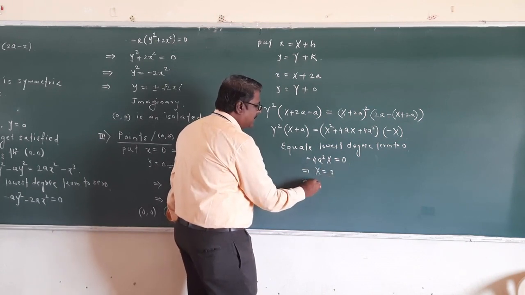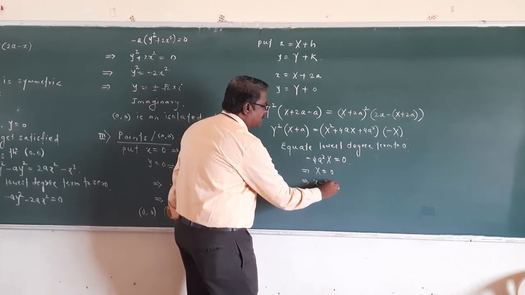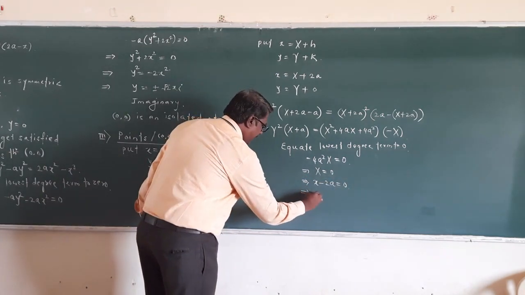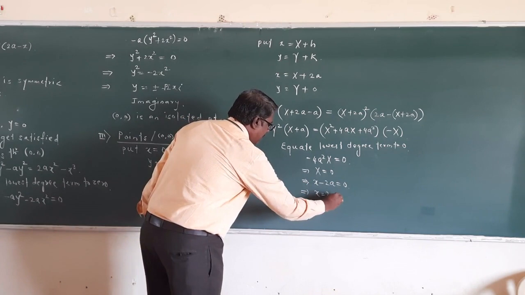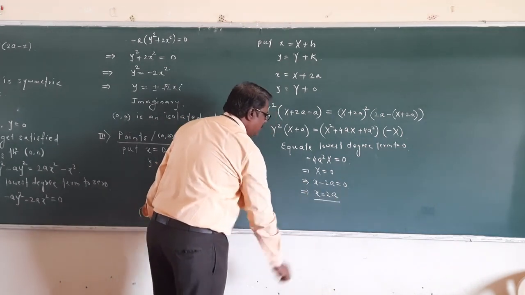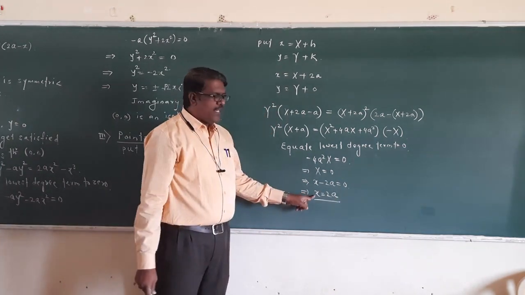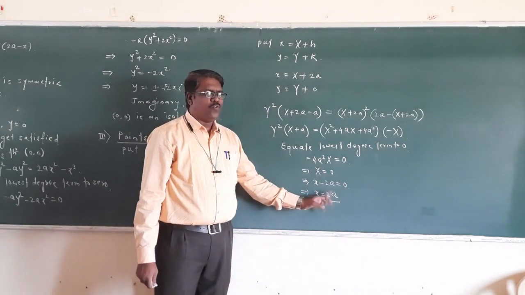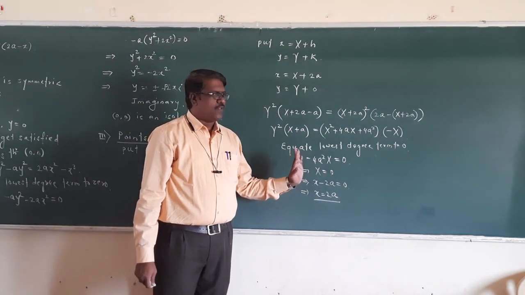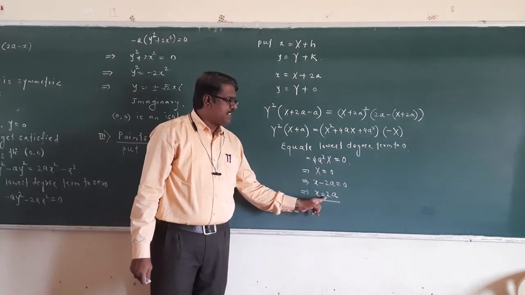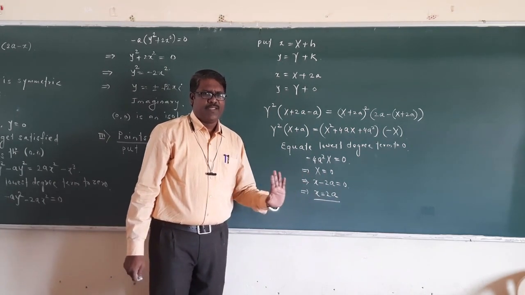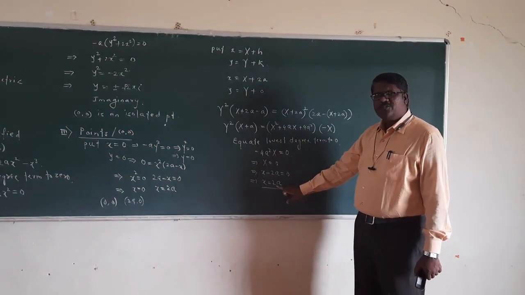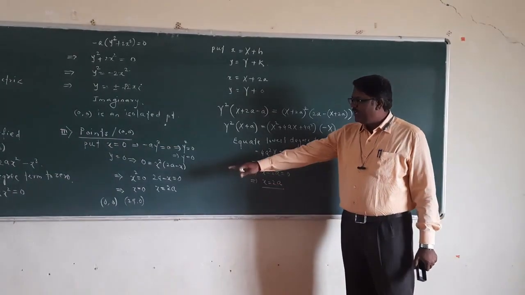This implies small x minus 2a is equal to 0, and therefore x is equal to 2a is an asymptote parallel to y-axis. So the asymptote is x is equal to 2a. Okay, sorry, the tangent is x is equal to 2a. So x is equal to 2a is the equation of tangent at 2a comma 0.